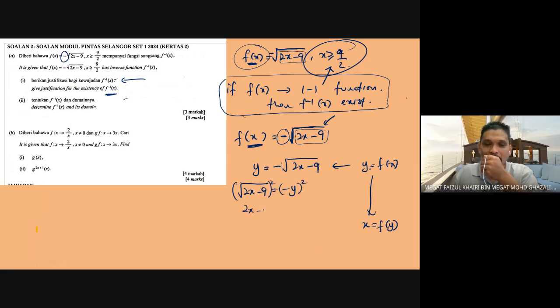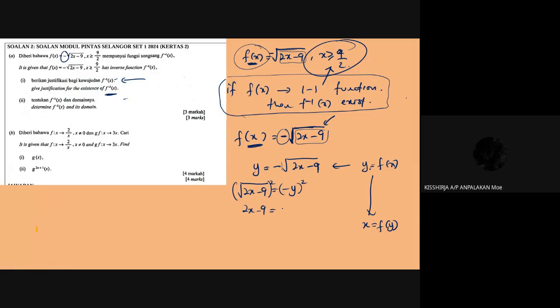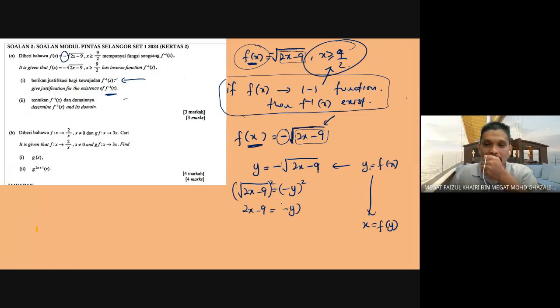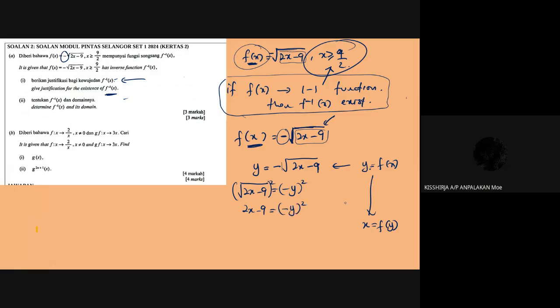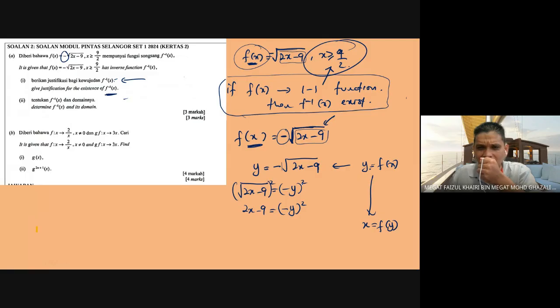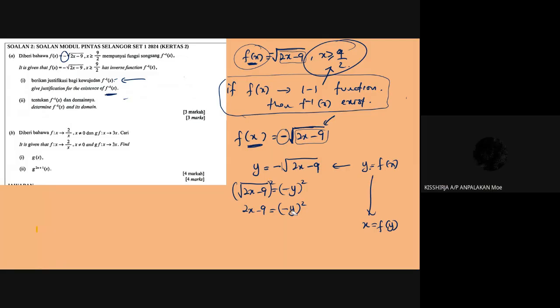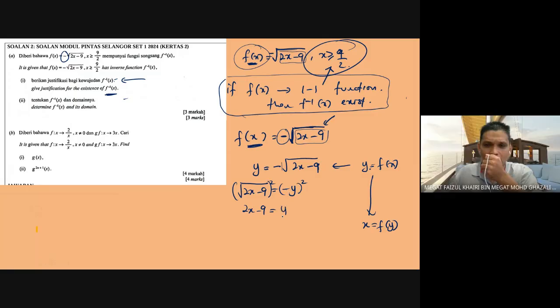So then 2x minus 9 equal to (negative y) in brackets squared, which becomes positive y squared, right? Yes, y squared.